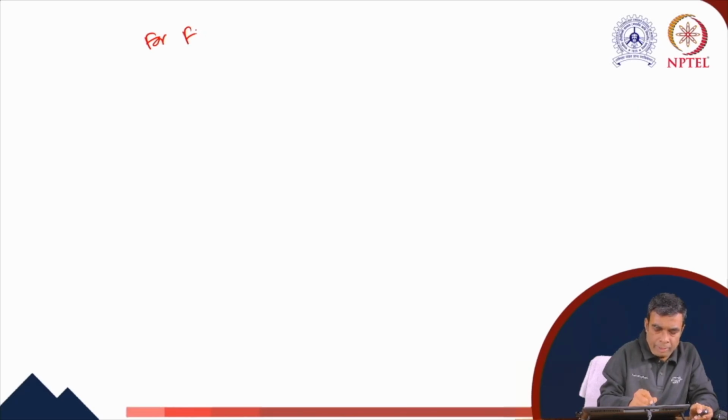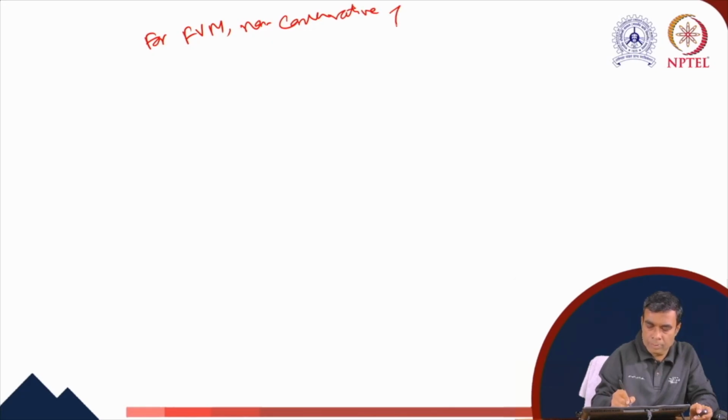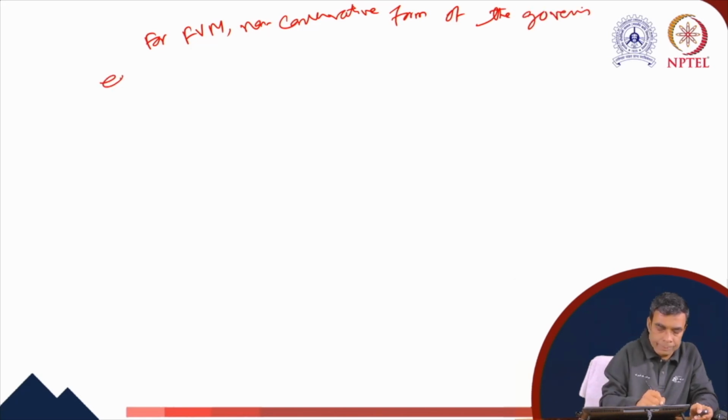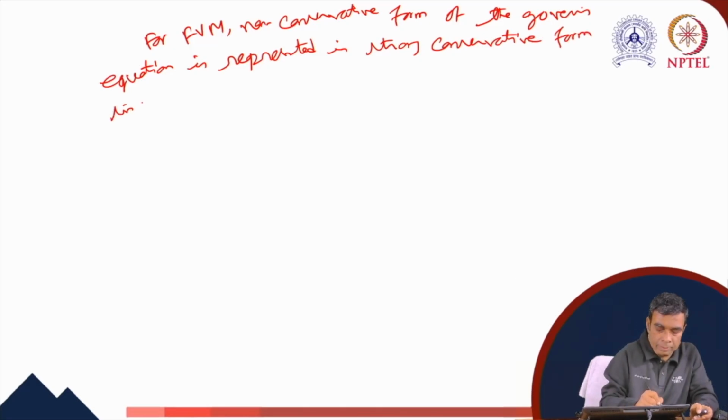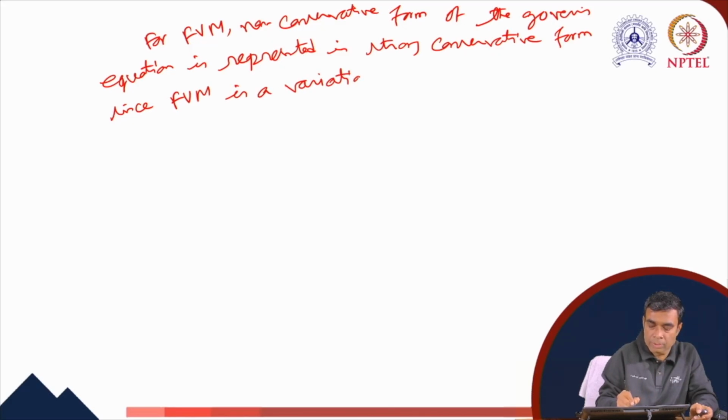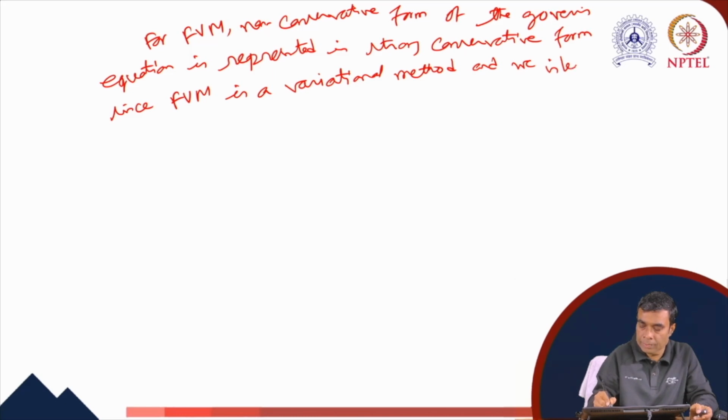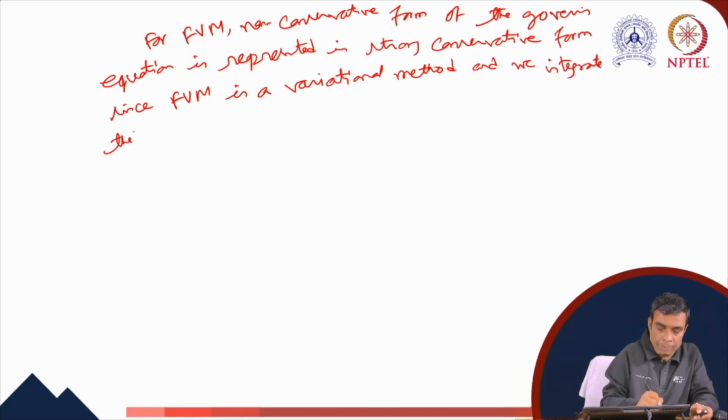For FVM, the non-conservative form of the governing equation is represented in strong conservative form, since FVM is a variational method and we integrate the strong form.